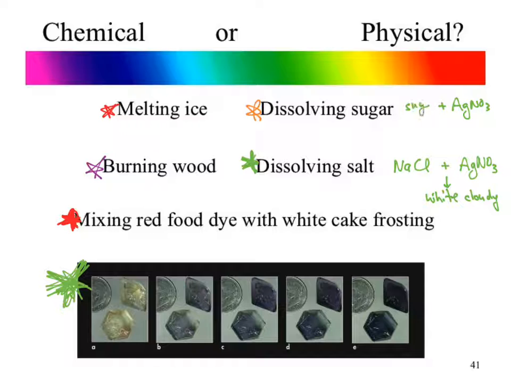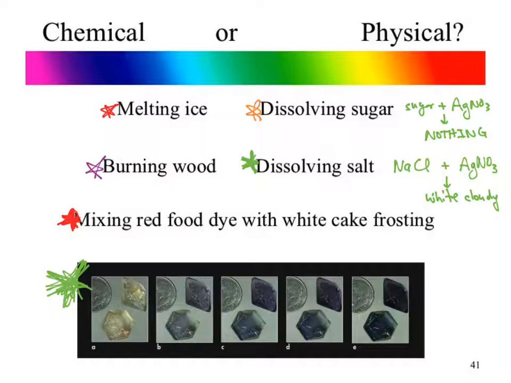If I actually did it correctly. Nothing. Silver nitrate is reacting with chloride ions. That's why I see the white cloudy substance. I don't see any special substances with the sugar because I didn't break any bonds.